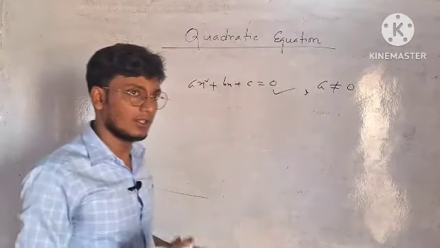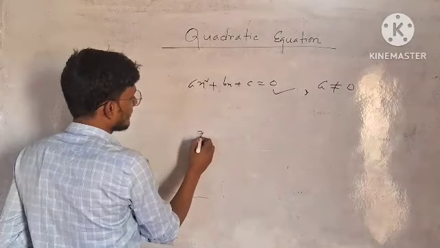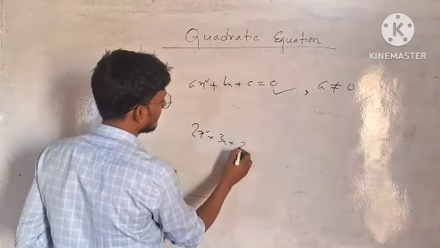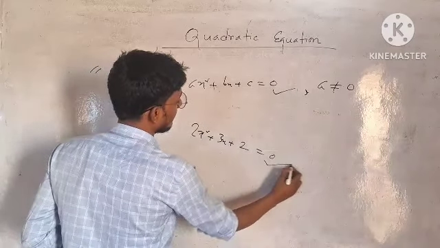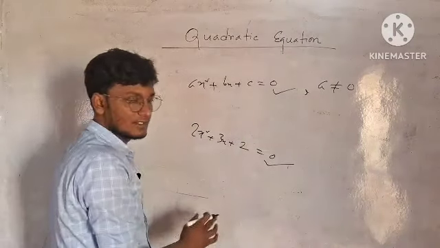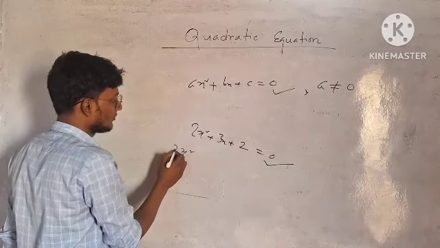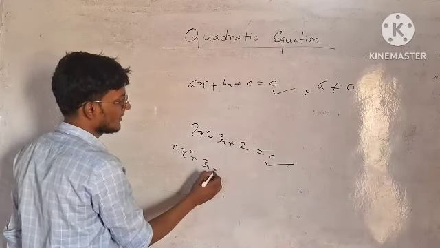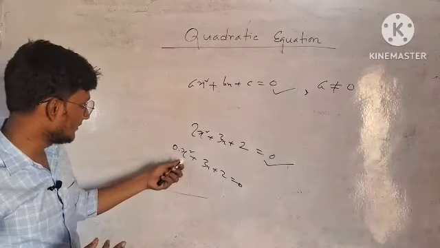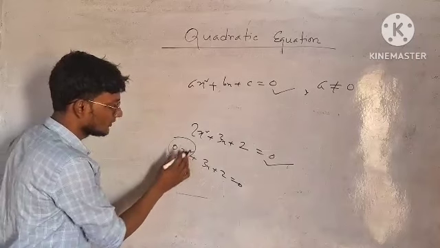Let me give an example. 2x square plus 3x plus 2, that is a quadratic equation, because we can express it in the form of ax square plus bx plus c. But if I put 0 into x square plus 3x plus 2 equal to 0, because if you multiply any number with 0 it is equal to 0, it will vanish.